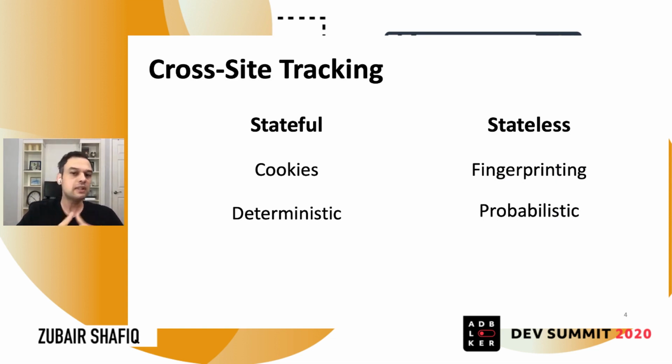Now, coming back to the difference between stateful and stateless tracking. Cookies store deterministic identifiers, so it's rather straightforward to understand how they work. But fingerprinting is actually a lot more tricky. For a fingerprint to be a useful identifier, it needs to satisfy two main properties. The first is that it needs to be unique. There has to be enough information, or what is also called entropy, that can be used to generate a unique identifier to distinguish a user compared to all other users on the web.